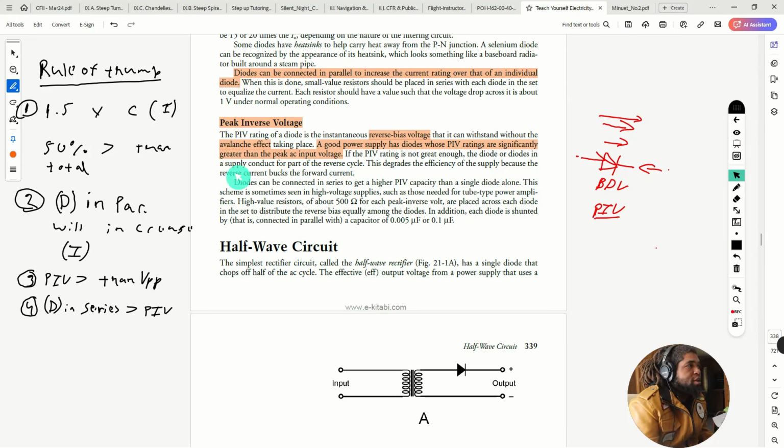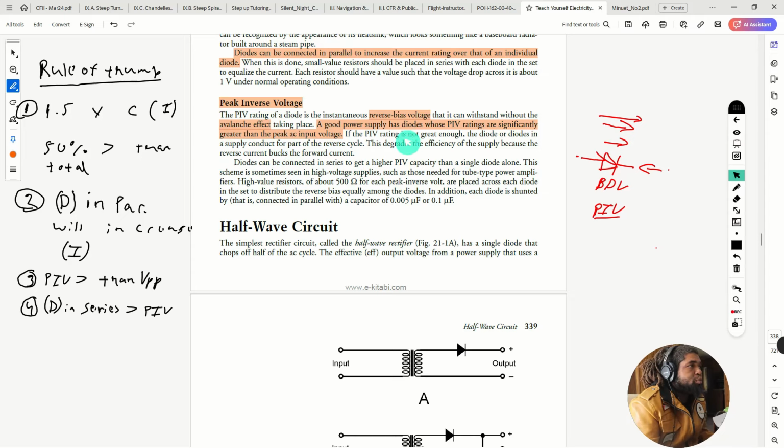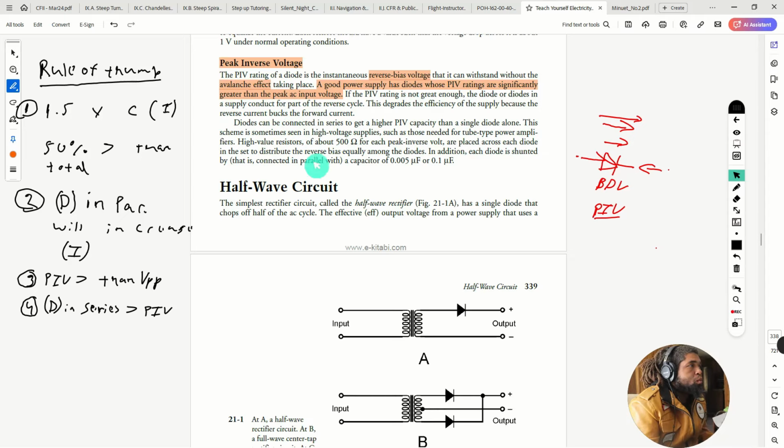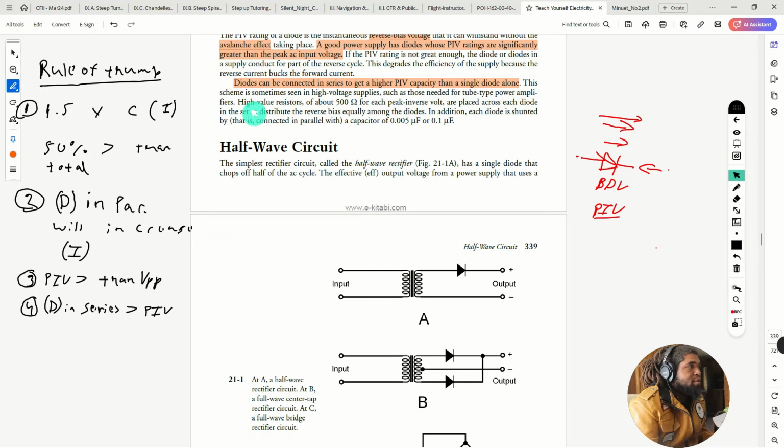And what do we have here? Let's highlight that. This scheme is sometimes seen in high voltage supplies, such as those needing tube type power for amplifiers. This is true.